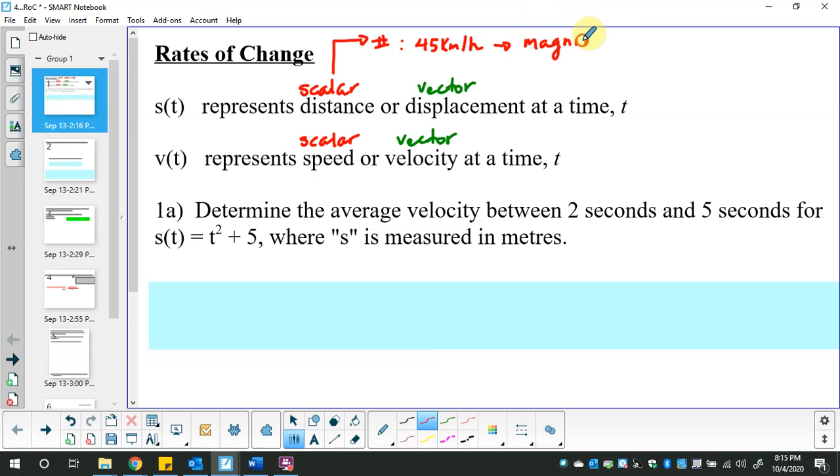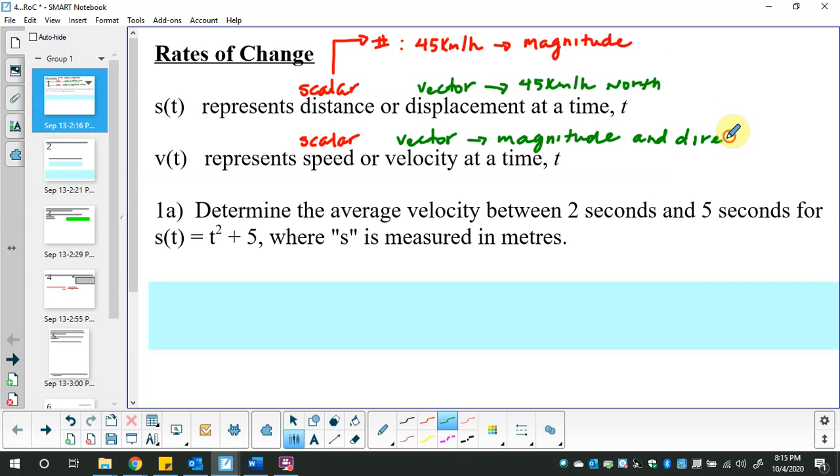It's an amount. A vector quantity, on the other hand, for those of you going on to calculus, would be, for instance, 45 kilometers per hour north. So a vector quantity has a magnitude, so it's got a number associated with it, an amount, and it's got a direction.